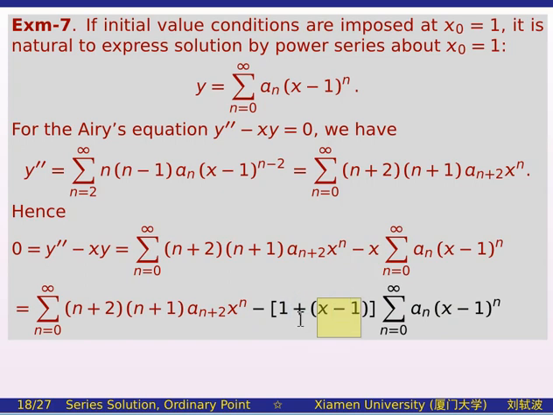Then these two functions, the constant function 1 and the linear function x minus 1, multiply the second power series separately, and we have no place here, so I copy this last line to the next page.